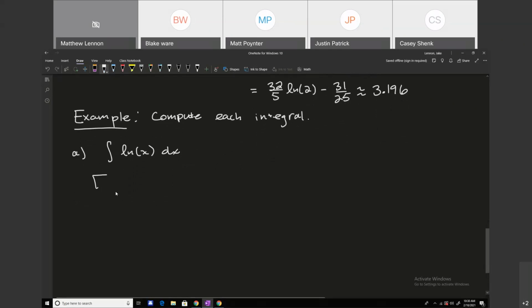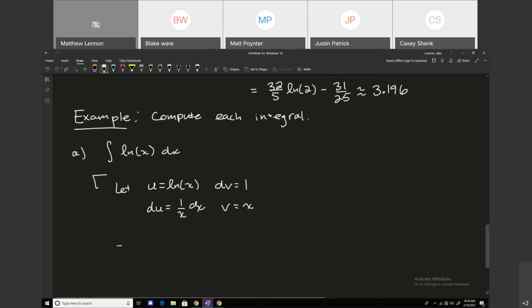So we let u equal the natural log of x, and we let dv equal 1. So then du is 1 over x dx, and v is just x.